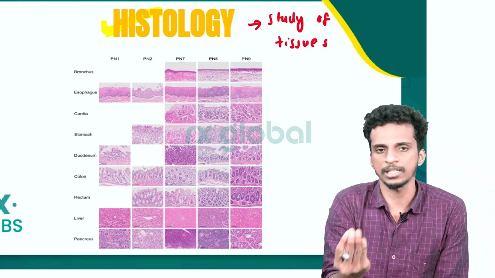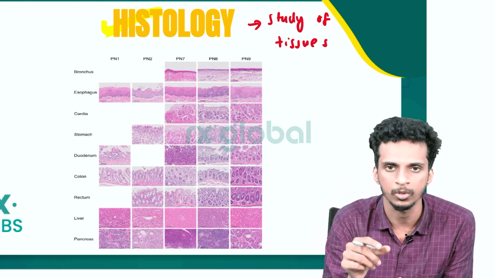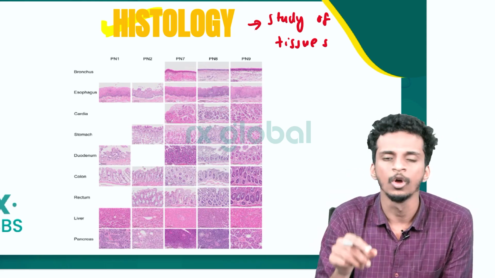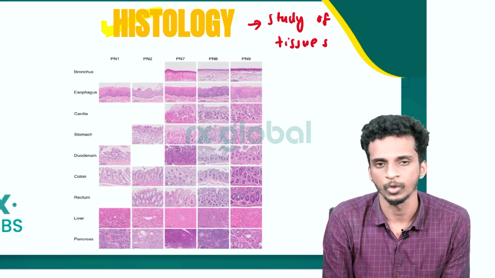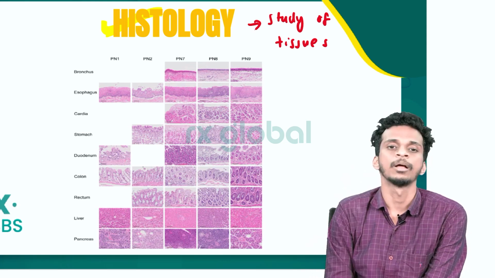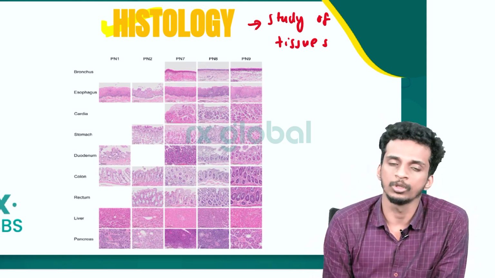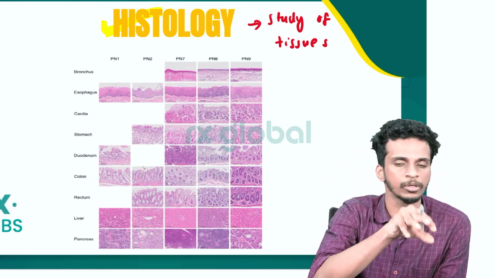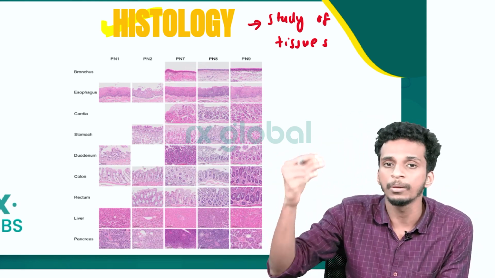You will be given different slides with different tissues, and we are going to observe them under the microscope and identify which type of tissue it is. Here we cannot do it with our naked eye. We need a microscope here. That's why it is the study of tissue. The other study that we do in dissection was called gross anatomy, which we have discussed. Now, what we do in the anatomy practical lab.